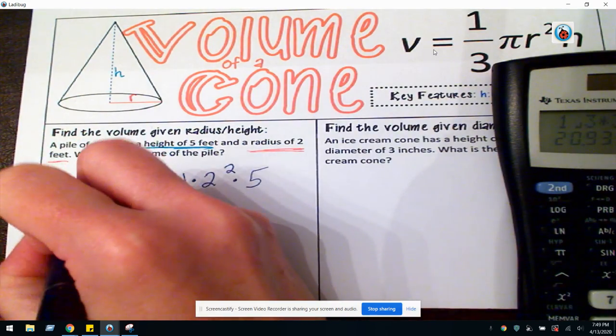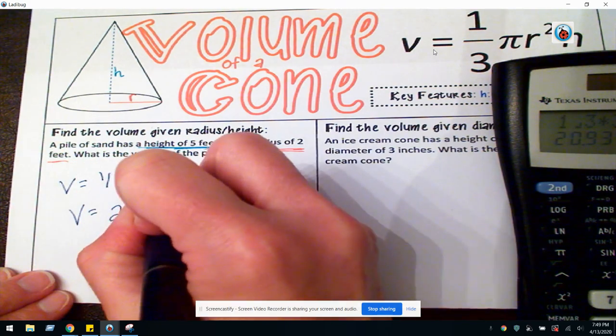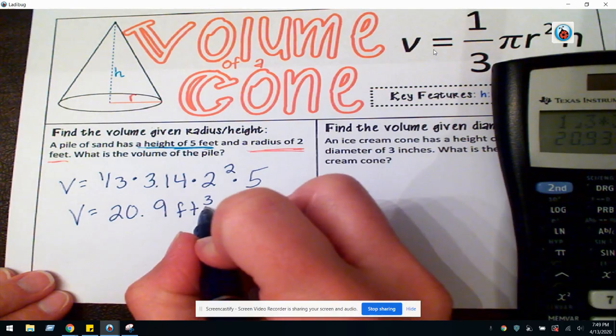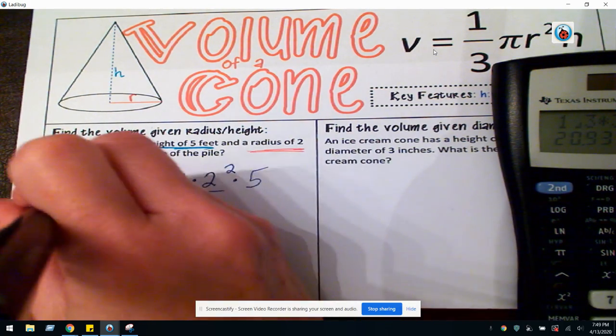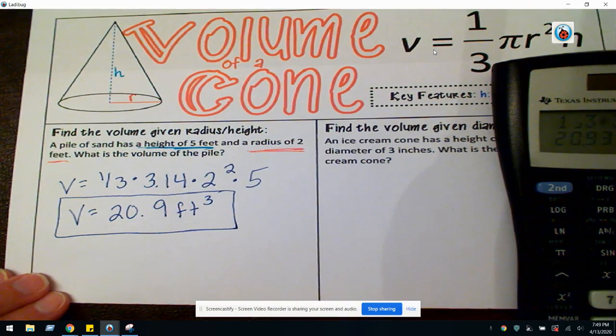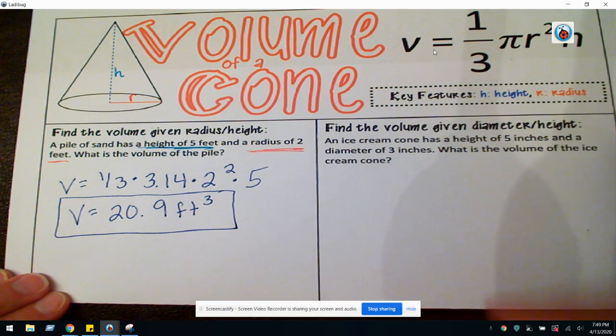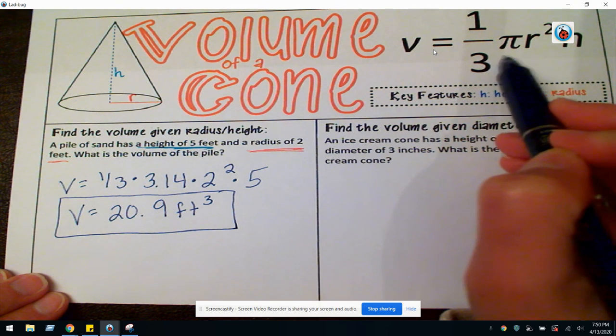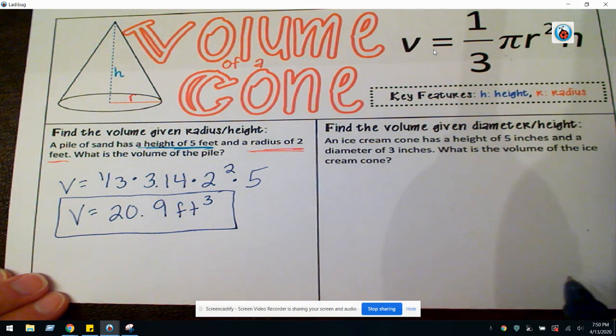So our volume is 20.9 feet cubed. Remember, the little 3 is for volume. And that is your answer. I just used my formula written up here and plugged in my values for pi, r, and h.